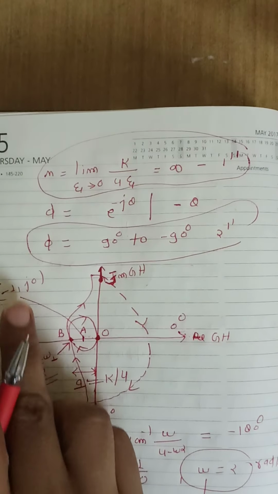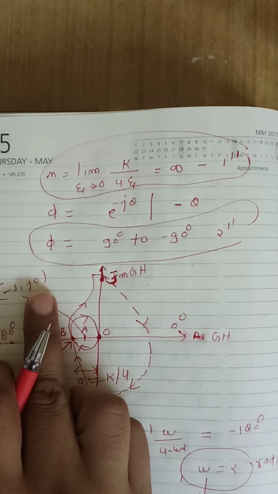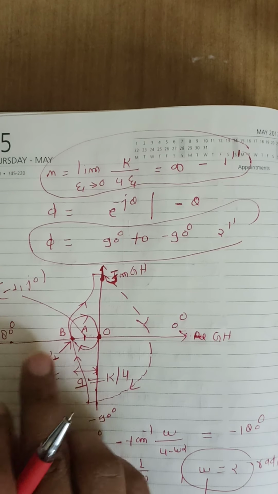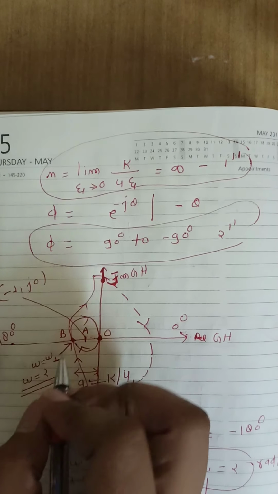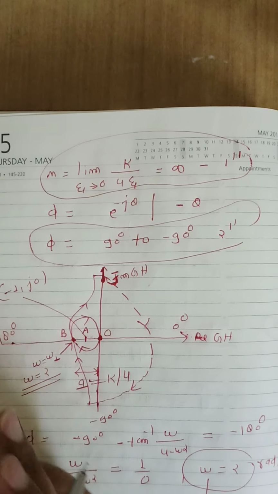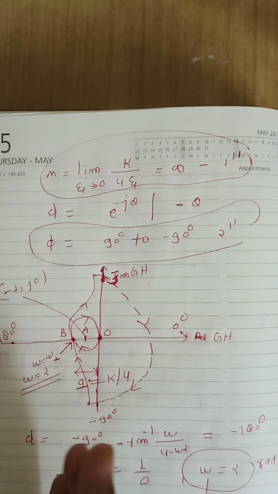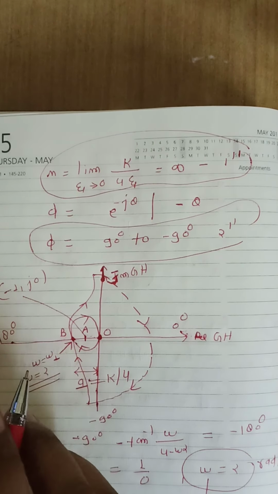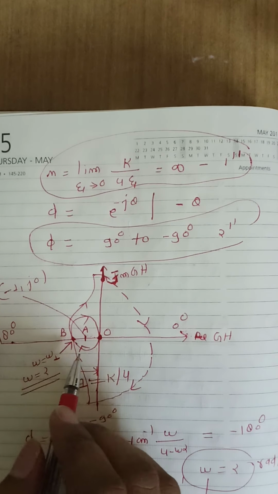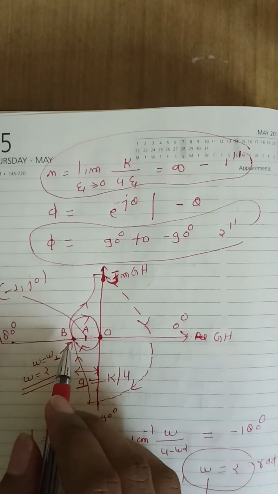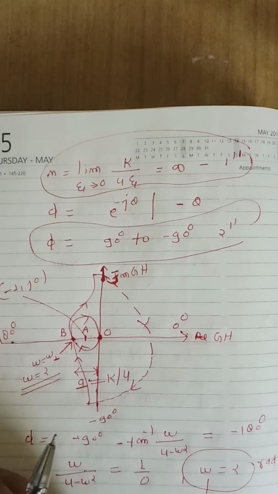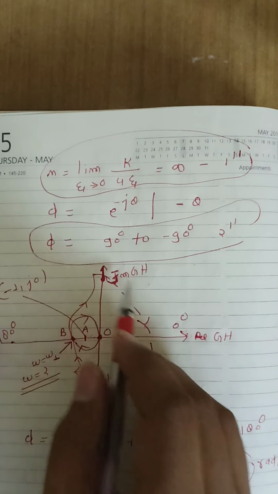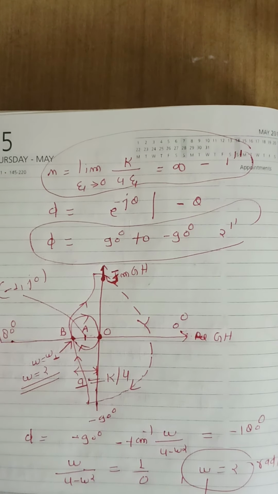If K is less than 4, we can say minus 1 comma j0 will lie at point B, will lie on the outer side of the smaller circle as well as the outer side of the larger circle.